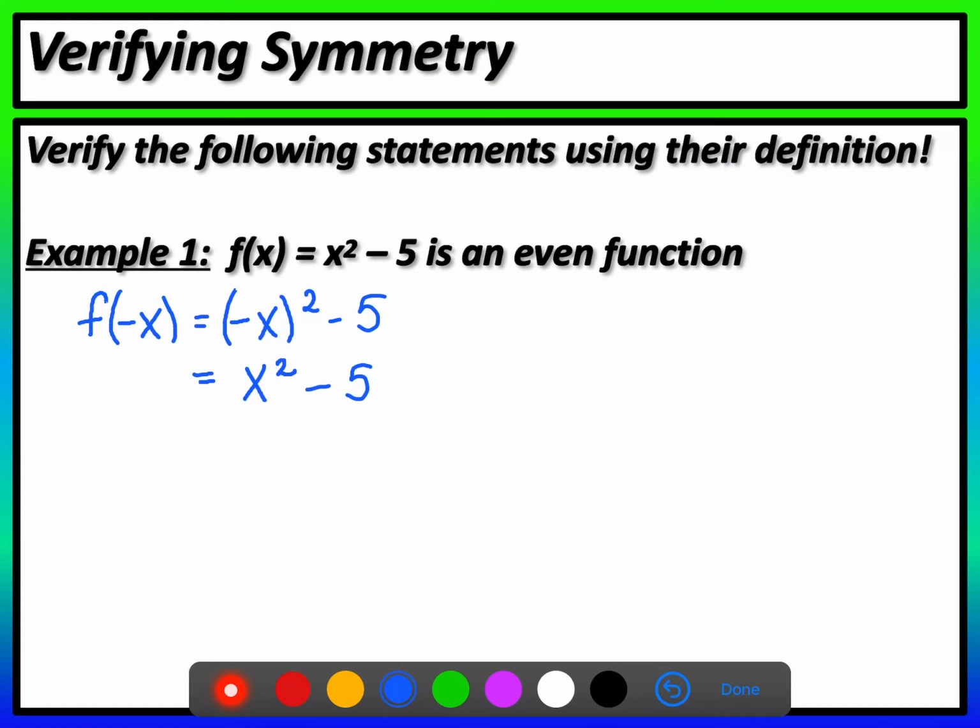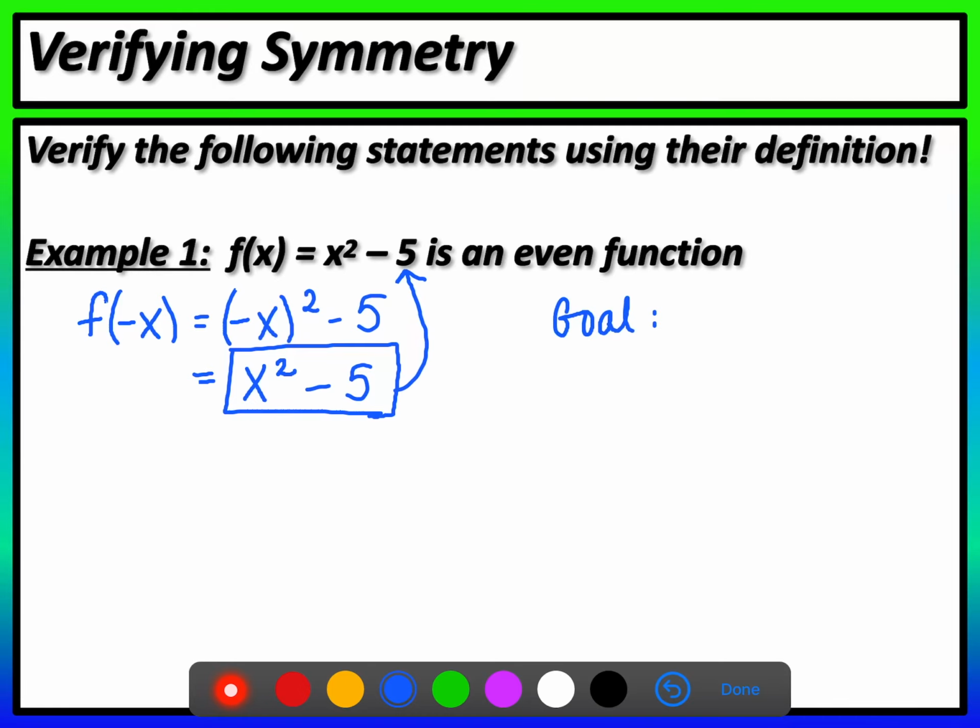I actually get back to an x squared, and -5 hasn't changed because that wasn't a variable. So I can prove that this is now even because after plugging in for a negative x value, I got back to my original function.